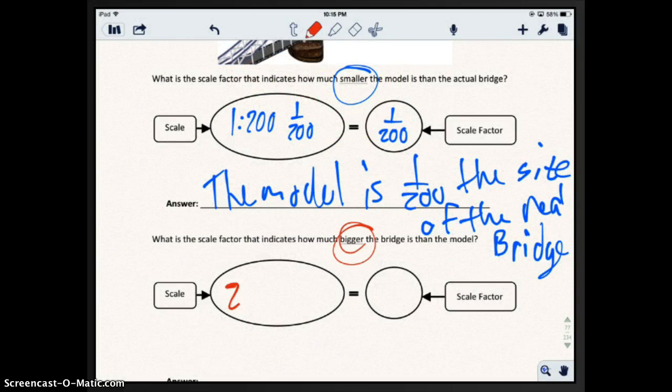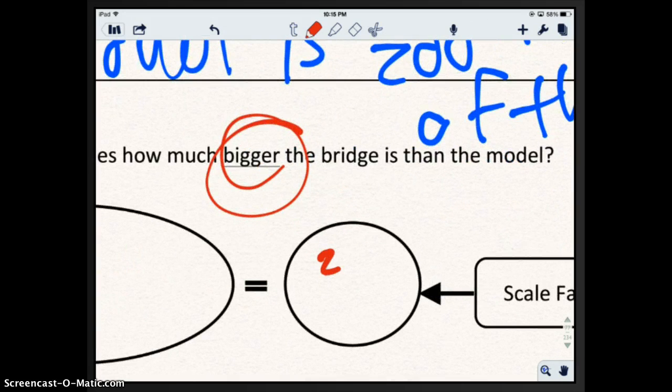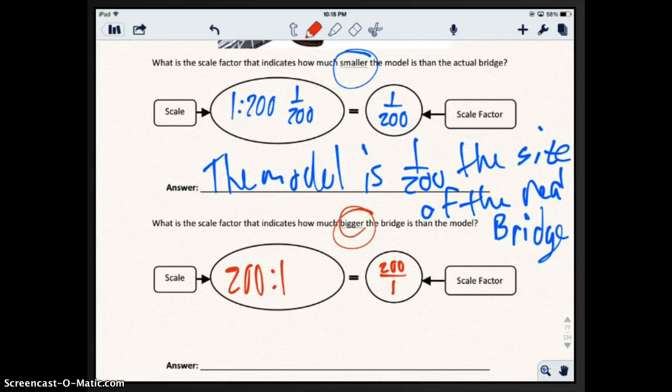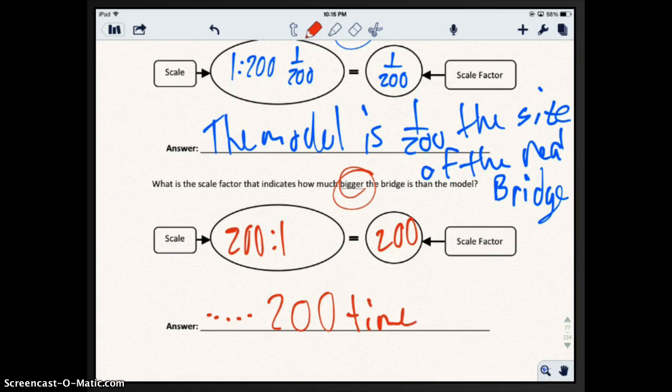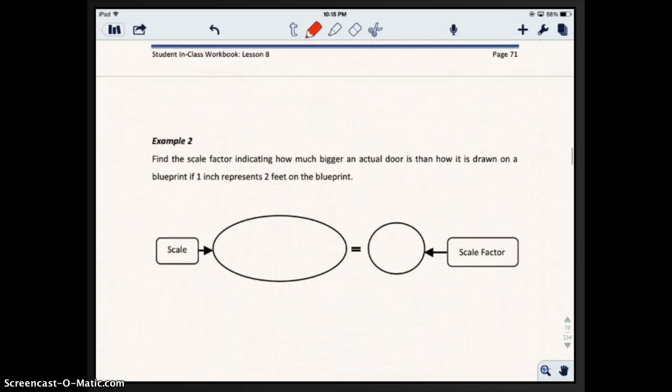Well, that would be 200 feet to 1 foot, right? Because for every 200 feet of the bridge there is 1 foot on the scale model. So the scale factor is 200 over 1, or in real life we simplify it to just simply be 200. So we would say the bridge is 200 times larger than the model.